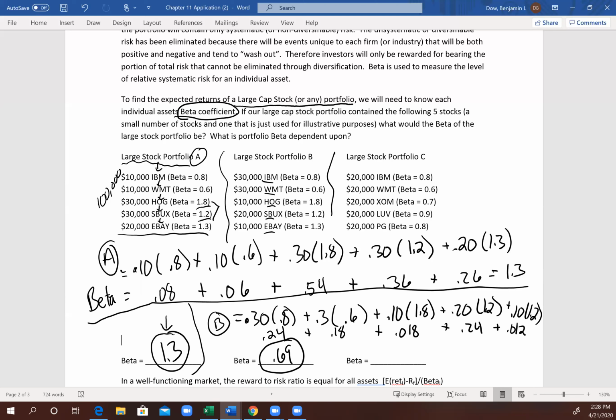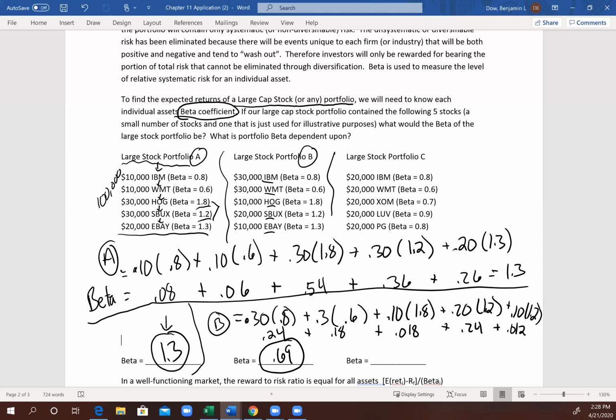Okay. So you can have large cap stock portfolios that are high risk, or you could have large stock portfolios that are lower risk, or most likely something in between. Okay.